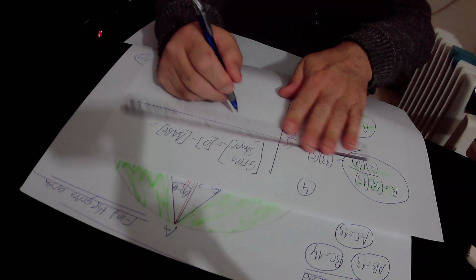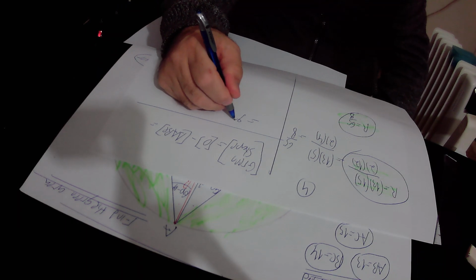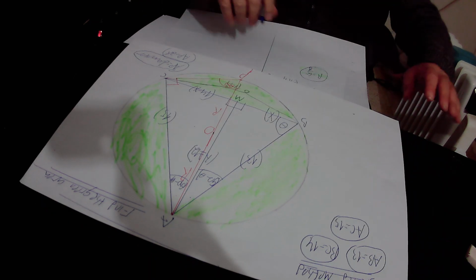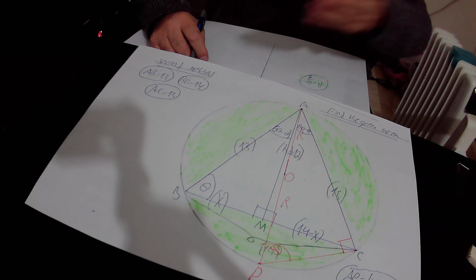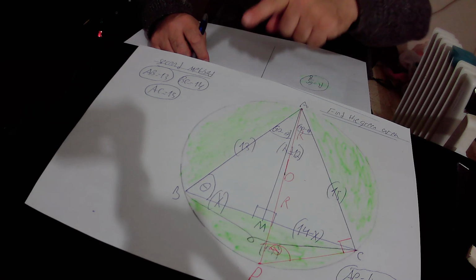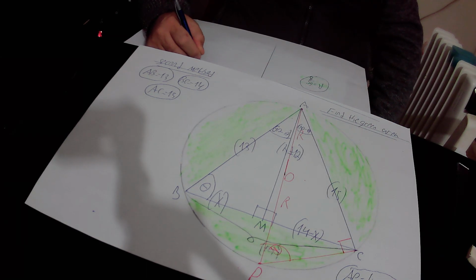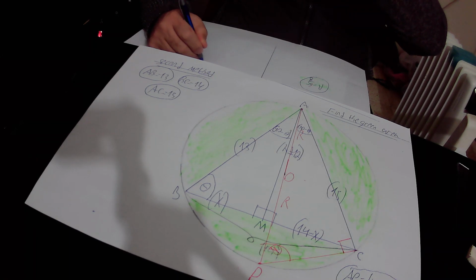The area of the circle is pi r squared, minus the area of triangle ABC. What is the area of triangle ABC? The area of triangle ABC equals the base of the triangle, that is BC, times the height to the base, that is h, over 2.